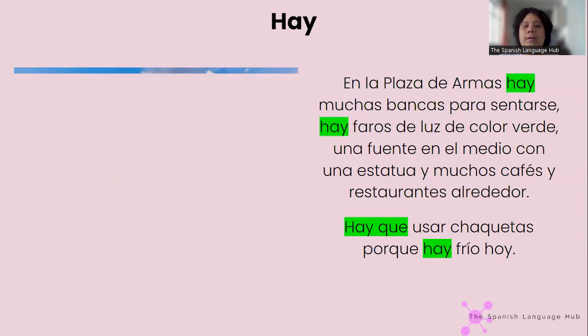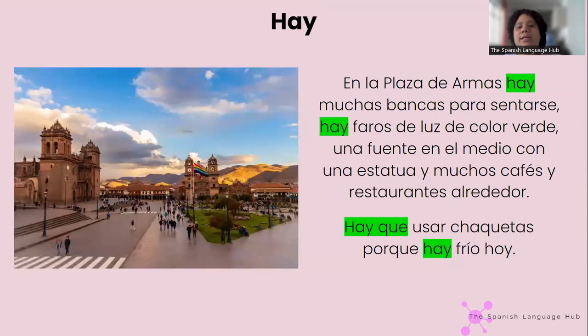Okay, en la plaza de armas hay muchas bancas para sentarse, hay faros de luz de color verde, una fuente en el medio con una estatua y muchos cafés y restaurantes alrededor. Hay que usar chaquetas porque hay frío hoy. Okay, so in Plaza de Armas, there are many benches to sit.